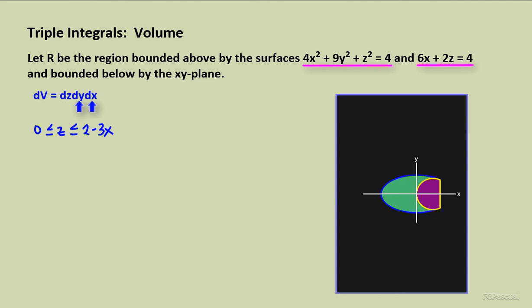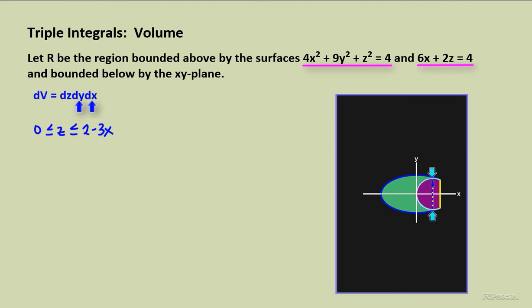Since y is the variable of integration, we follow the y direction in the projection under the plane z equals 2 minus 3x. Observe that within this projection, we start at this lower curve and continue uninterrupted to this upper curve. So we solve for y in terms of x in both the upper and lower curves.